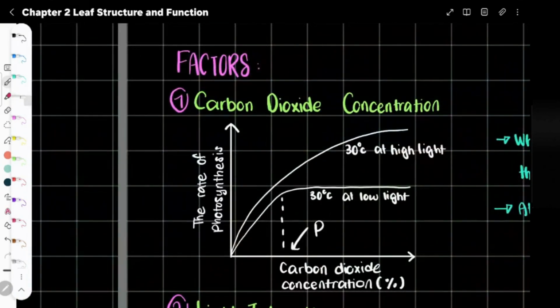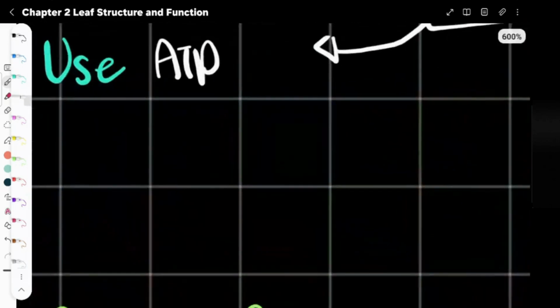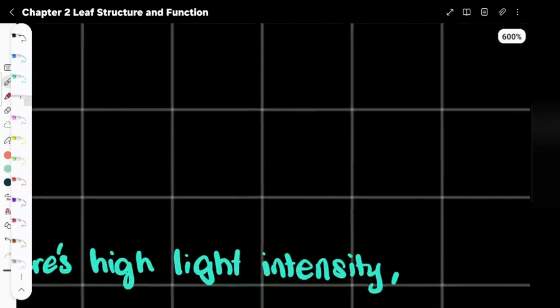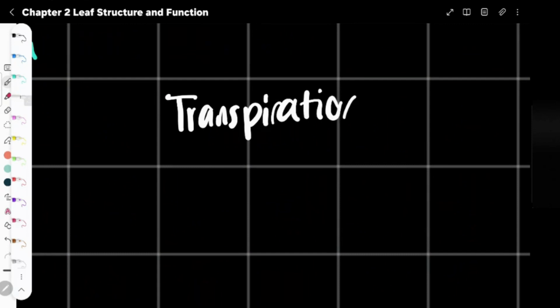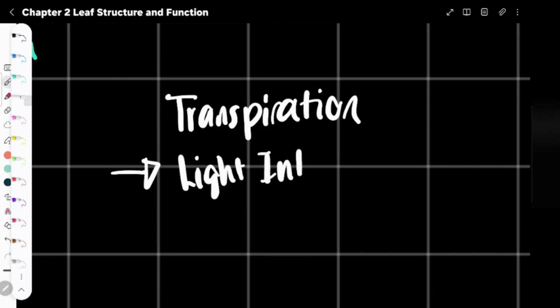Just now we learned the factors for transpiration, right? Let's recap again. For transpiration, there are four. The first thing we learned, light intensity. Don't forget, the higher it is, the higher the rate.